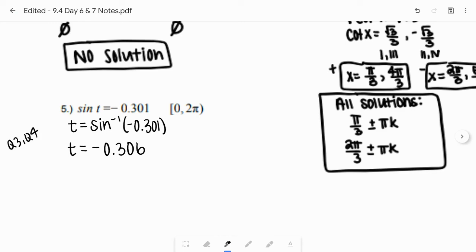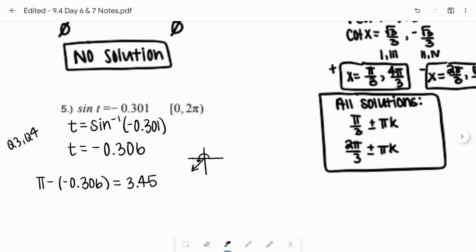Okay, so to find out my final answers, to find out when we are in quadrant 3, that's going to be somewhere over here. So to do that, I am going to take pi minus whatever theta is, so t is equal to negative 0.306. So if you type that into your calculator, you end up getting approximately 3.45.